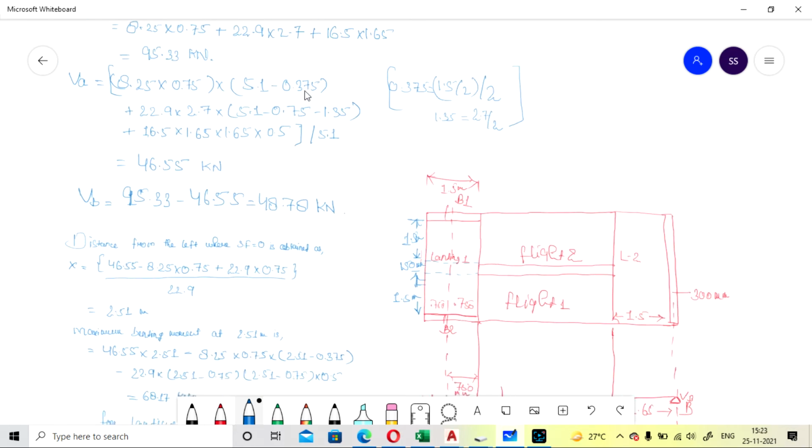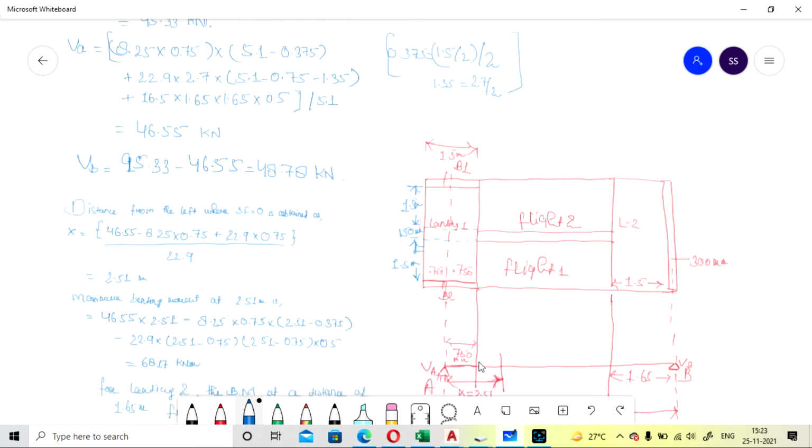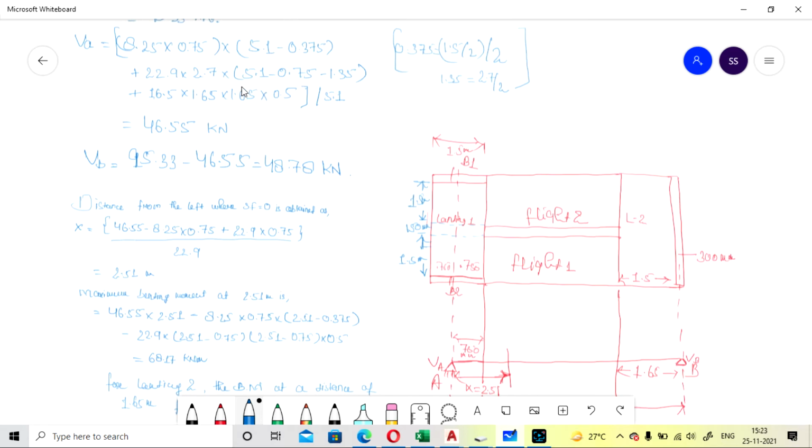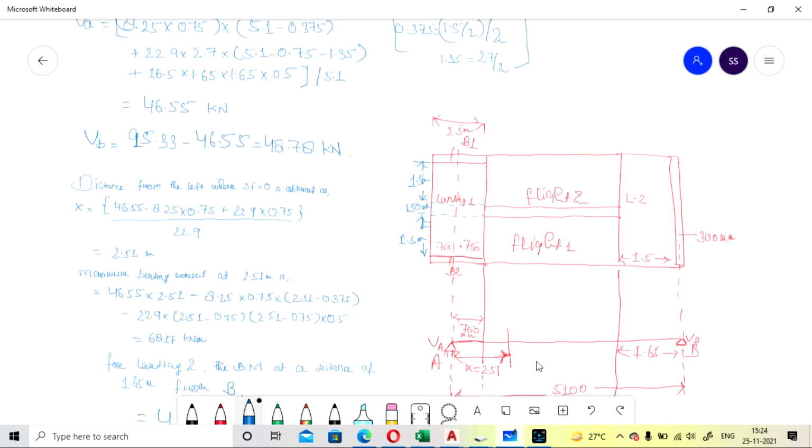So 0.375 is the center of 0.75 for landing one. It is the center of this. So if we deduct 5.1 minus center of this, the value will come, and here it is 5.1, the total length, minus 0.75, this one, and minus center of this, 2.7 by 2, we will get 1.35.